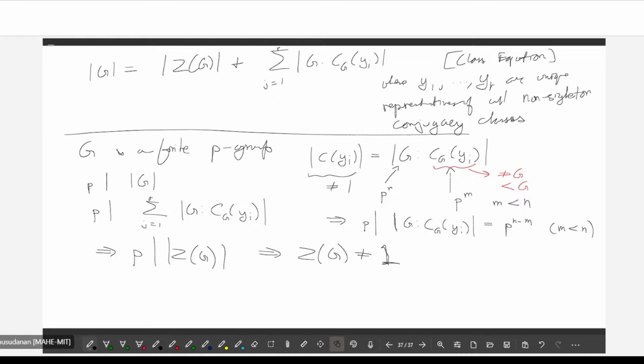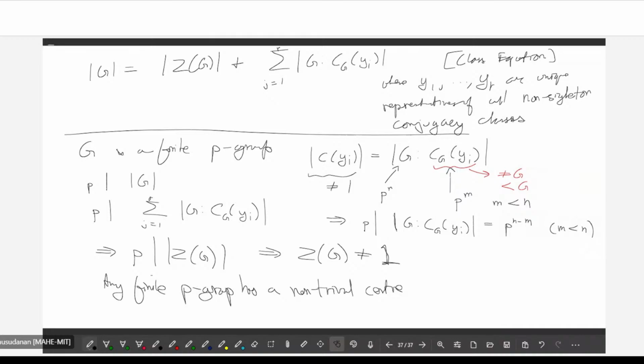So any finite p-group has a non-trivial center. Fine.